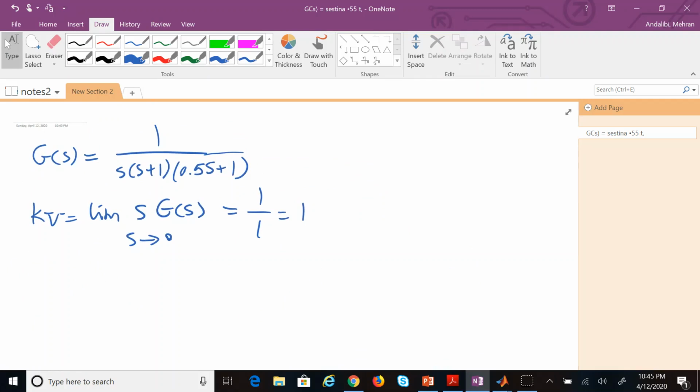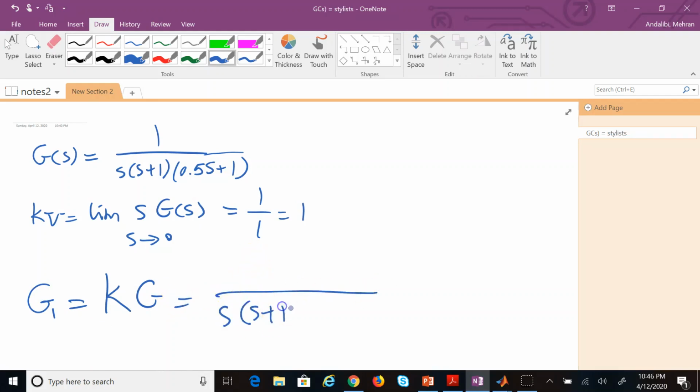Now, on the other hand, if you consider a new transfer function, G1, which is K times G, it has the same denominator, but the numerator is K instead of 1.